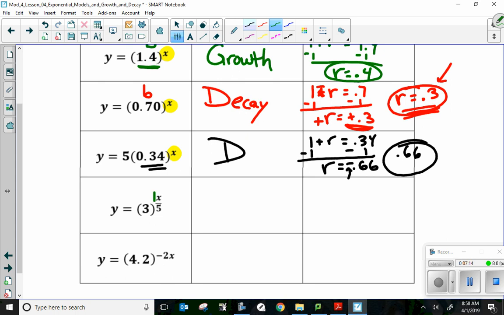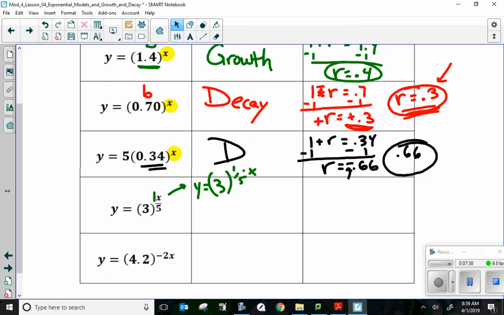I'm going to rewrite this. I'm going to say y equals 3 to the 1/5 power x. I'll write that slightly better, over here. Y equals 3 to the 1/5 x. It's 1/5 times x.